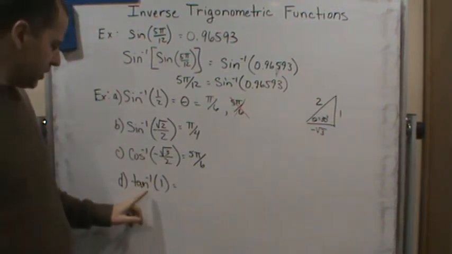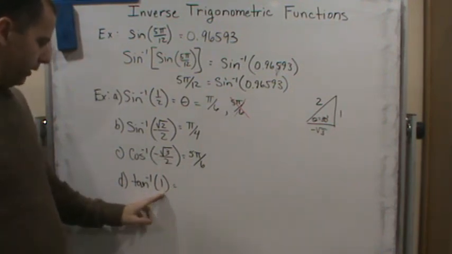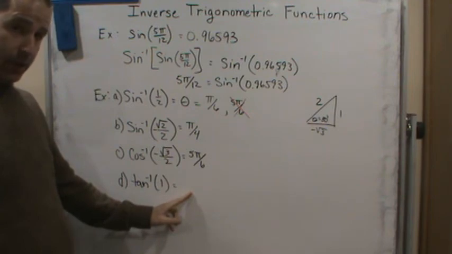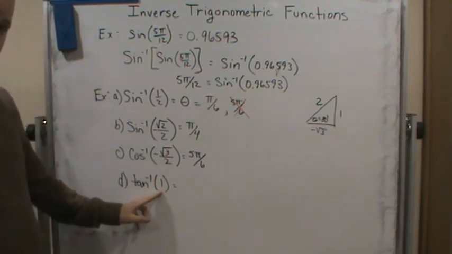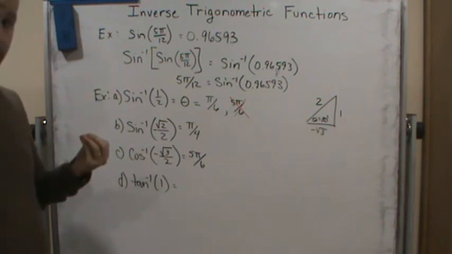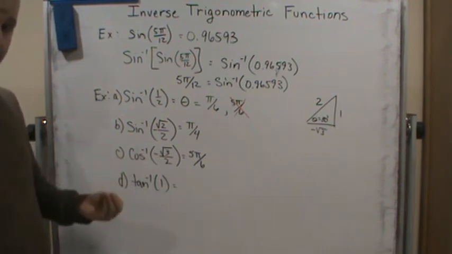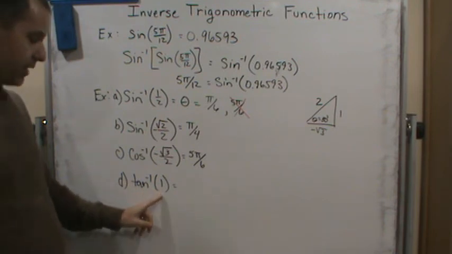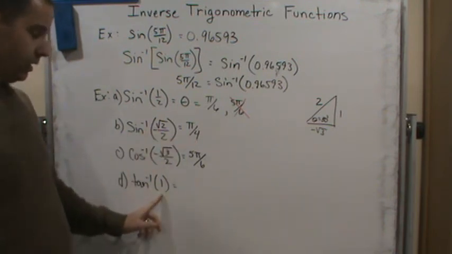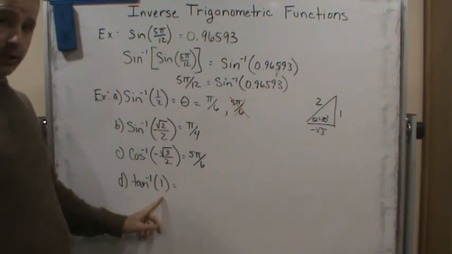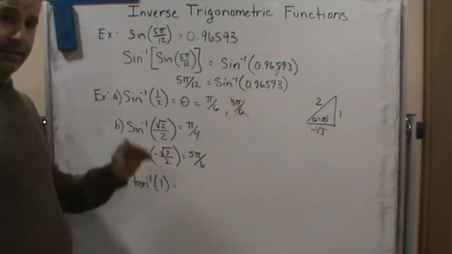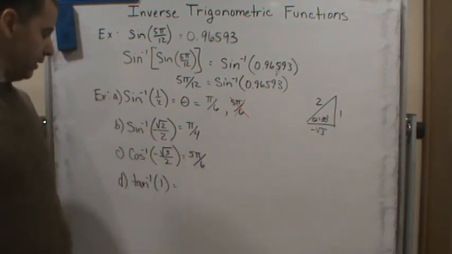Tangent. Now, tangent, inverse tangent of 1. So again, the question I'm asking is the tangent of what angle will give me 1? Okay, that's going to be a 45, 45, 90 triangle, right? Because again, tangent is opposite over adjacent. The only angle that will give us a right triangle where opposite over adjacent gives us 1 is a 45, 45 degree angle.